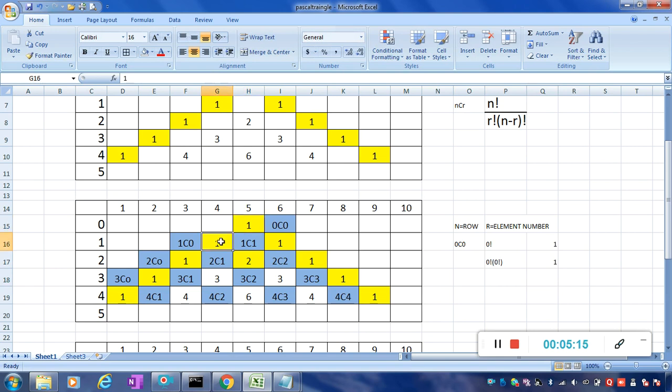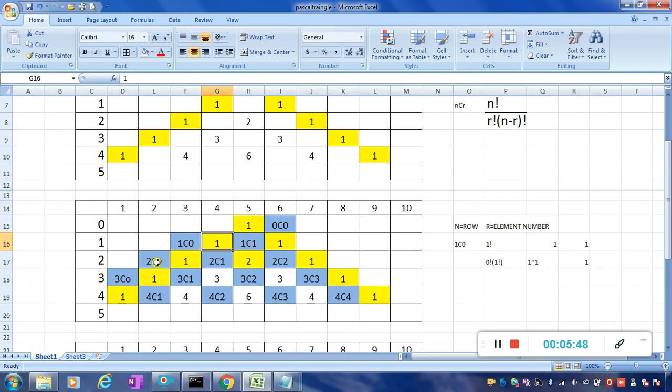Similarly 1C0 is 1 factorial upon 0 factorial into 1 minus 0 factorial, which is again 1. So this is 1 upon 1 multiplied by 1, and the answer is 1. These are pretty simple. We'll move on to the next.